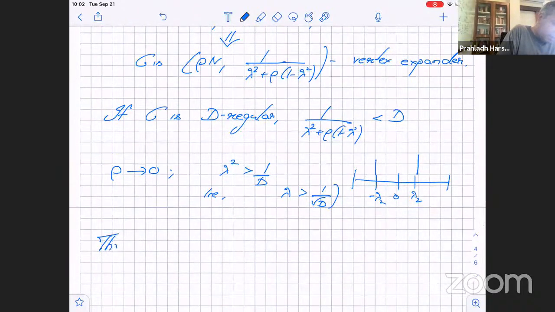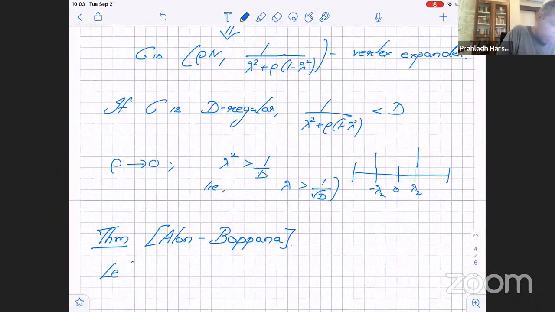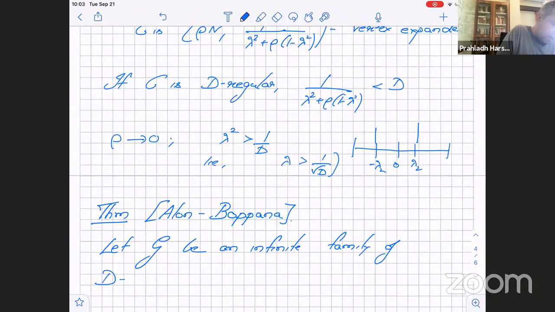This is a statement due to Alon and Boppana. Let G be an infinite family of D-regular graphs.